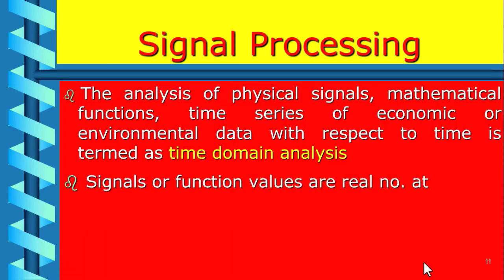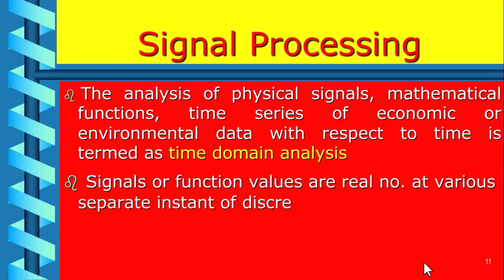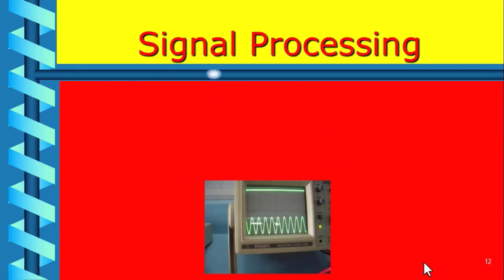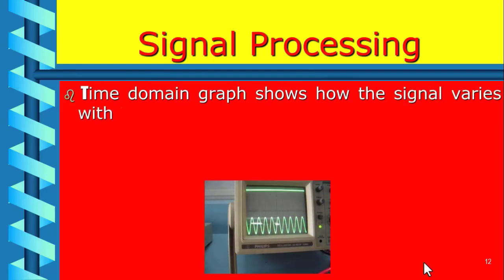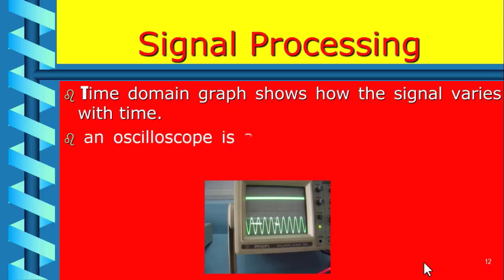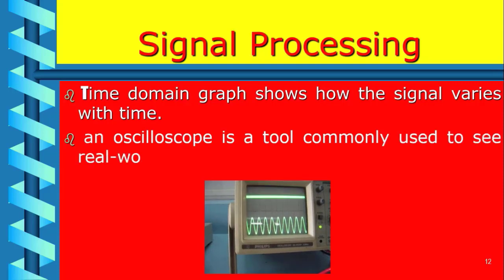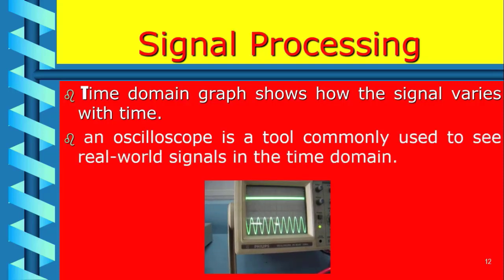Signals or function values in the case of time domain are numbers at various instants of time. Time domain graph shows how the signal varies with respect to time, and an instrument which is used to visualize this time domain signal is known as oscilloscope. So an oscilloscope is a tool commonly used to see real-world signals in the time domain.